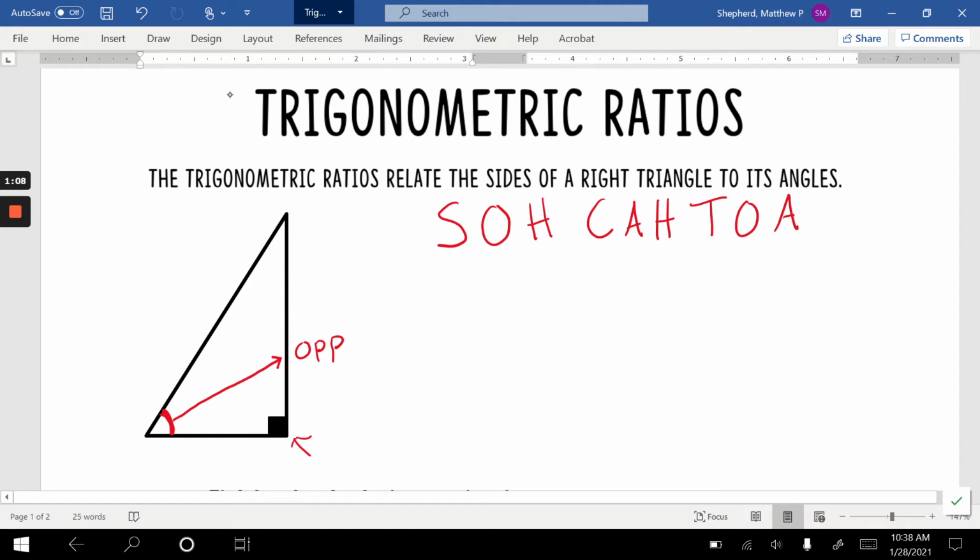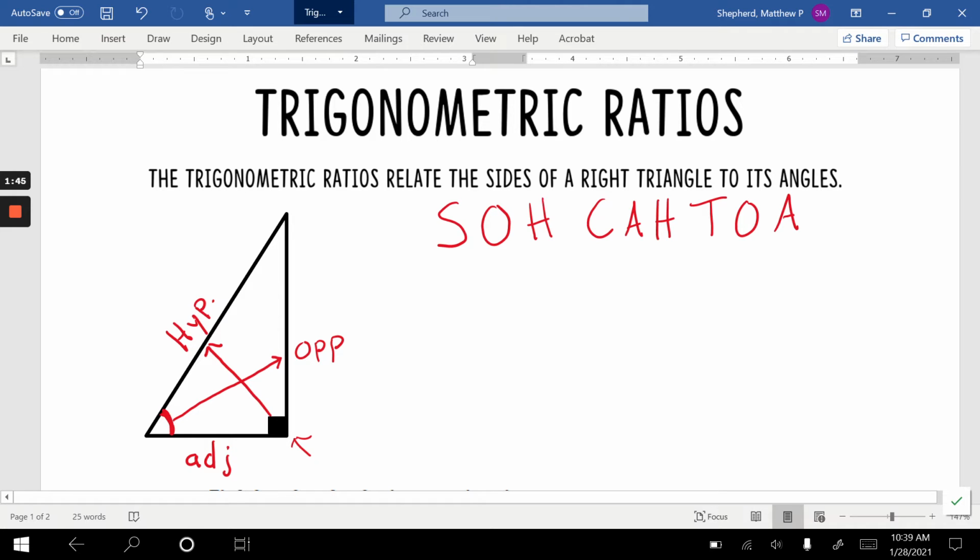The side opposite of your 90-degree angle is always the hypotenuse, and the hypotenuse is always going to be your longest side. So we've got the opposite of the angle we're interested in, and the hypotenuse opposite the 90-degree angle. This remaining side that is touching our angle of interest, we call the adjacent.